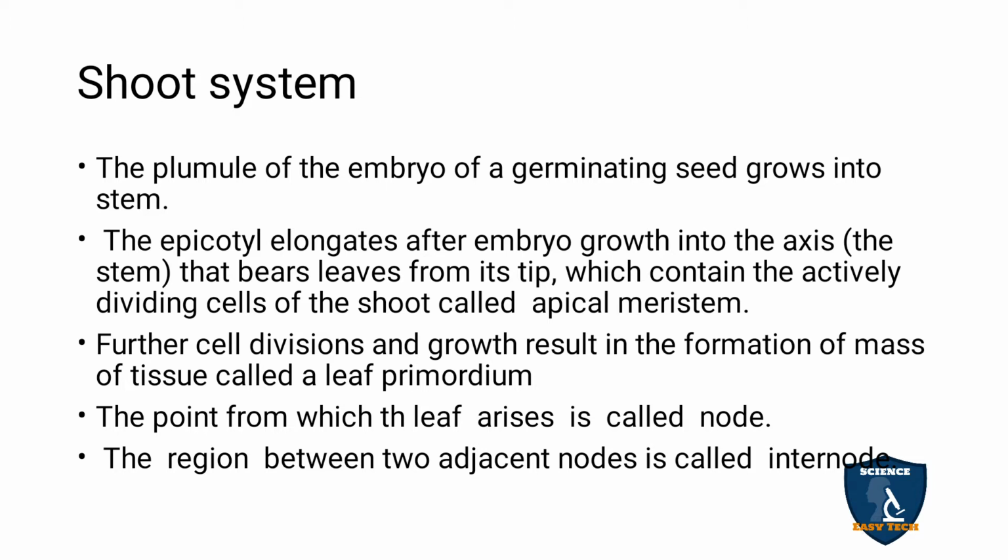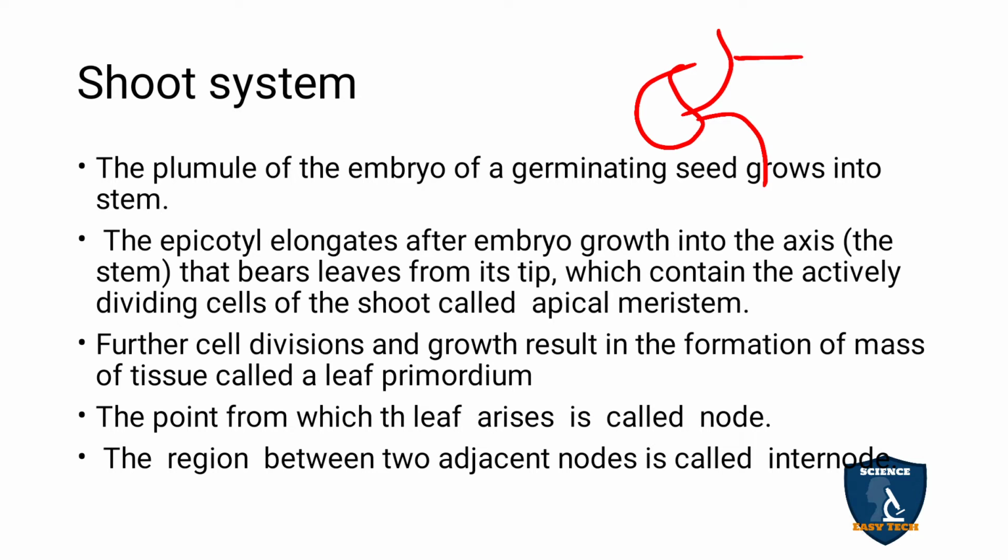The epicotyl elongates after the embryo grows into the axis that bears leaves from its tips, which contain the actively dividing cells of the shoot called apical meristem. Think of this as a seed, and from the seed you have the plumule and the radicle.